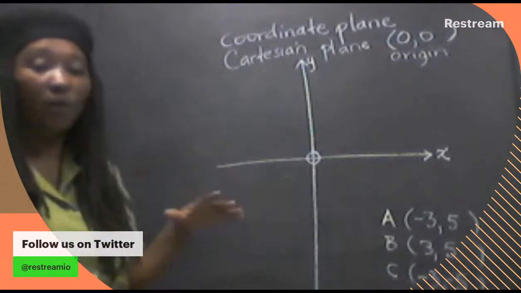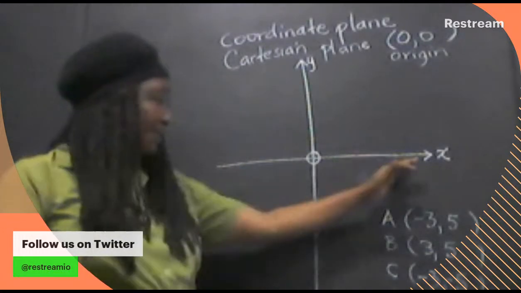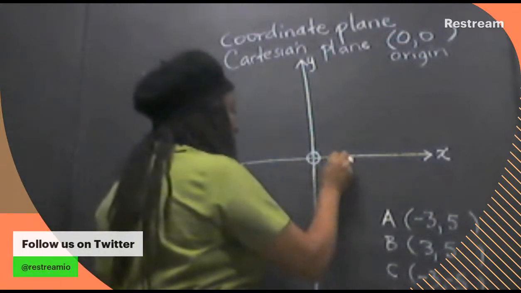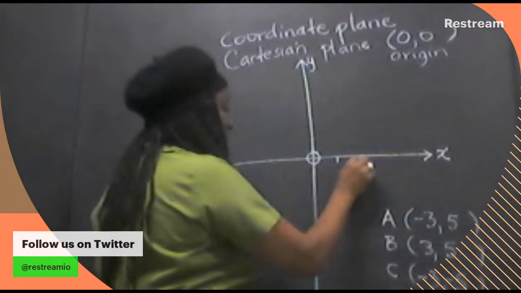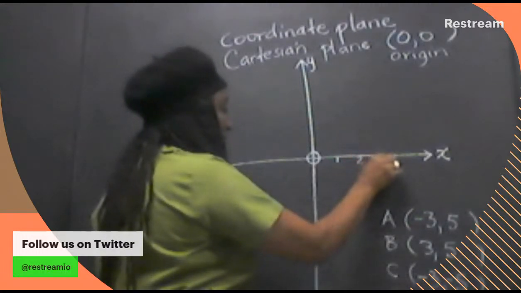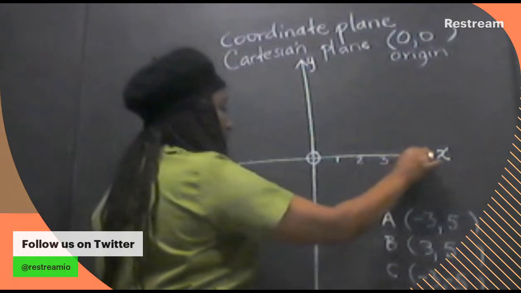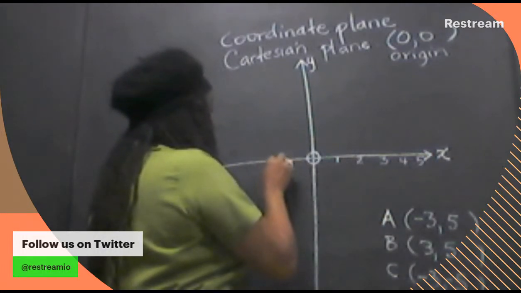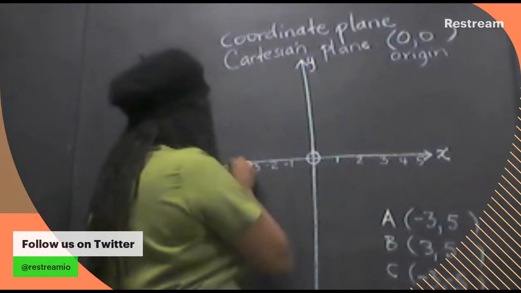Usually, not always, but usually on the x-axis, we can space out our numbers, and I'll explain the scale in a minute. Because the numbers on the x-axis tend to be smaller.